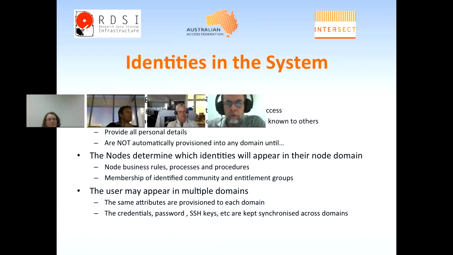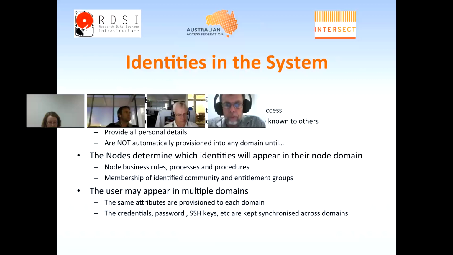These identities are not automatically provisioned into any domain until the nodes determine which identities will appear in their node's domain. The nodes may have or can develop their own business rules. I know there's a few nodes that already have their own business rules, processes and procedures for allowing people into their directories at the moment. Those can flow over to the system.